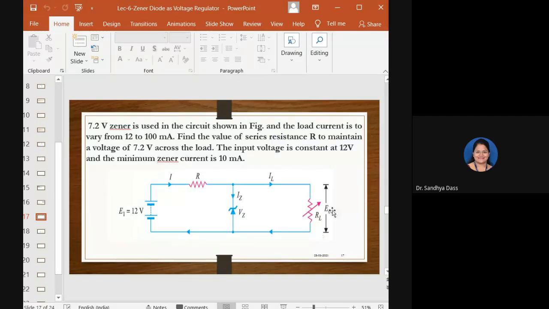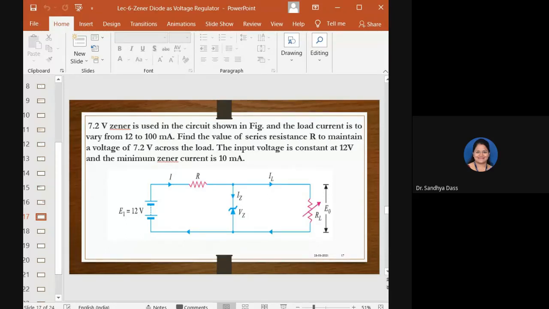Take this problem for homework. We'll discuss this problem in the next class. Or I can give you the hint. Please take down the problem. A 7.2 volt Zener is used in the circuit shown in the figure.